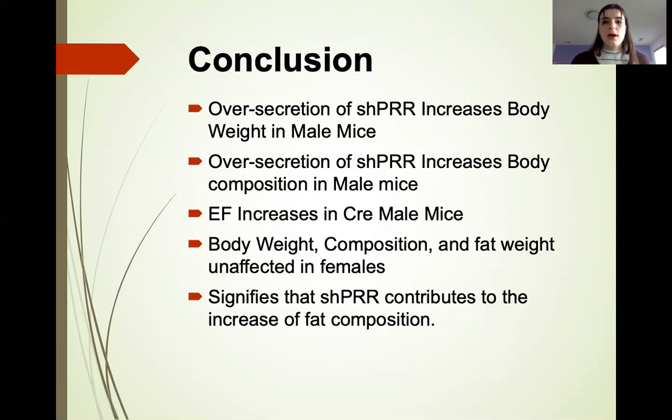So the body weight, composition, and fat weight were all increased due to sPRR in obesity. And this signifies again that sPRR does have an effect on the overall increase of body composition, body weight, and fat mass in all mice, or just male mice for now.